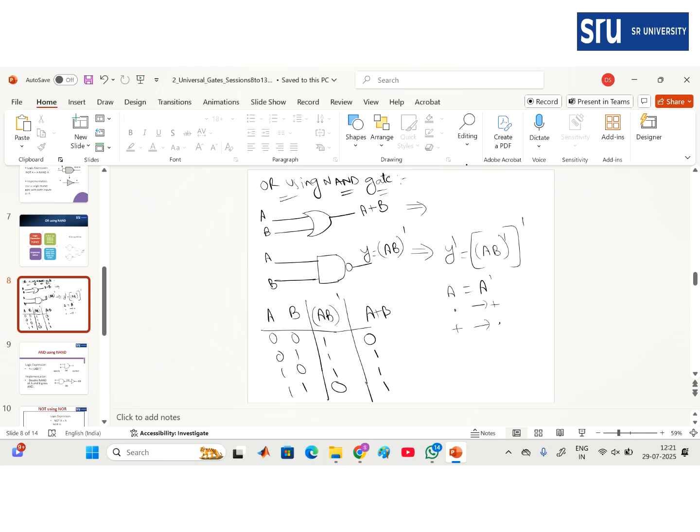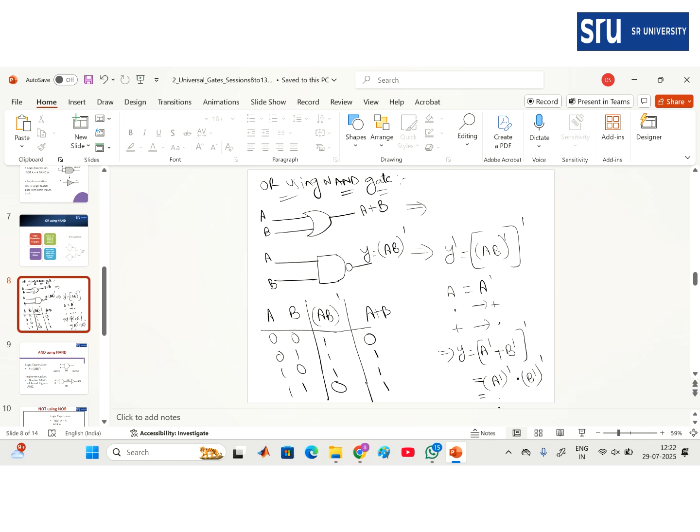So first apply it to the expression inside: I get A bar, dot becomes plus, B becomes B bar. If I again apply the complement, I get A complement double complement, plus becomes dot, B becomes B complement. So A bar whole bar is A, and B bar whole bar is B.